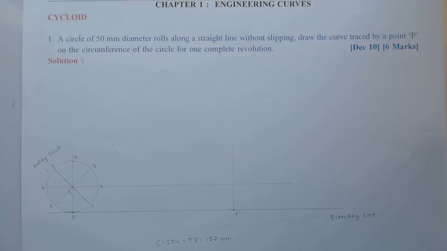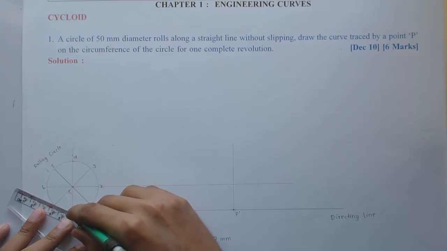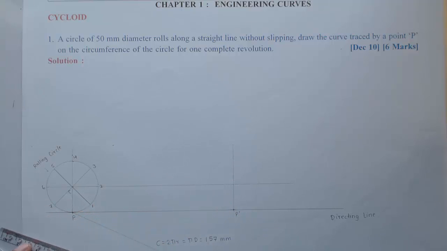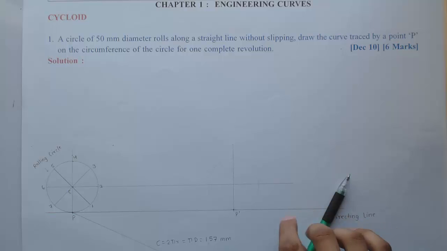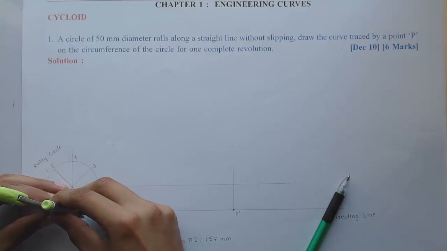So I need to divide this length 157 mm into 8 equal parts. For that we can follow the acute angle method, which is just drawing an inclined line at an acute angle. Then on that line we are randomly going to mark 8 divisions.